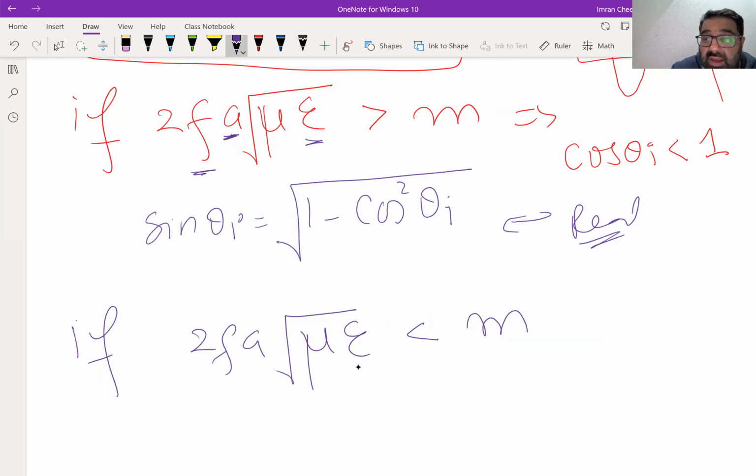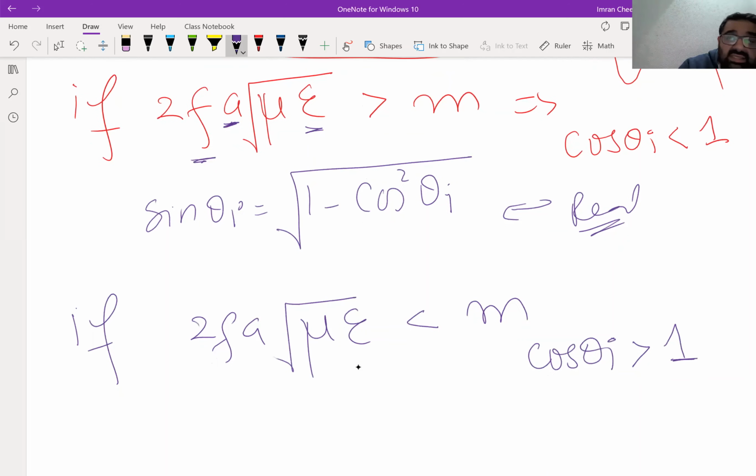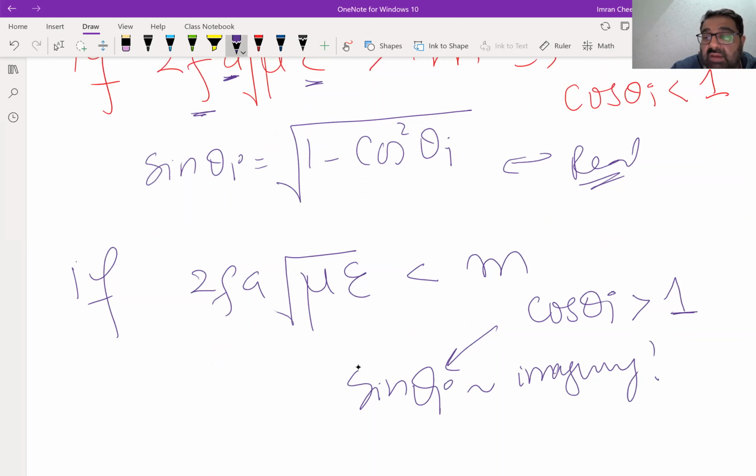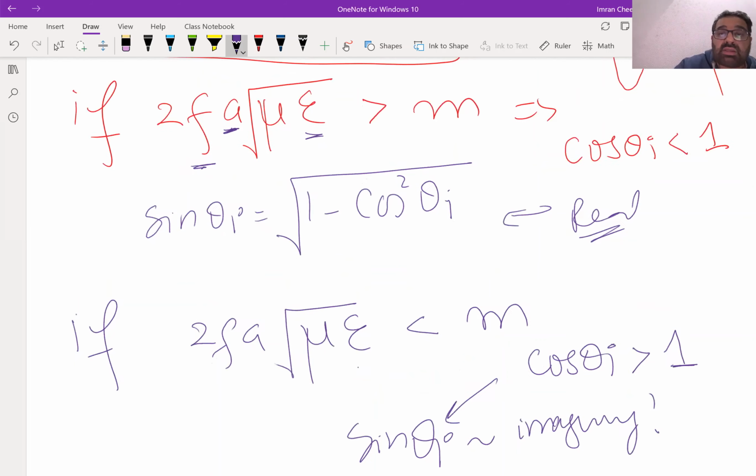If this is less than 1, it means that cos theta I becomes greater than 1, which means that sin theta I becomes imaginary. और अगर sin theta I becomes imaginary, so look over this equation.